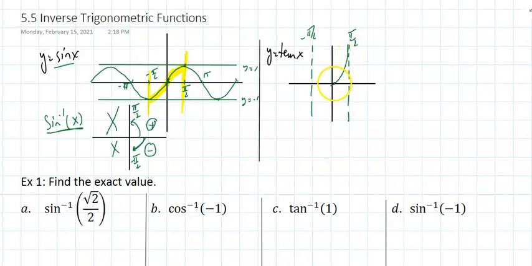And a tangent looks like this. If I sketch another period, I notice now if I draw a horizontal line, it crosses more than once. So I need to ensure that I don't do that. I need to restrict x to run between negative pi over 2 and pi over 2, kind of like what we just did with the sine.